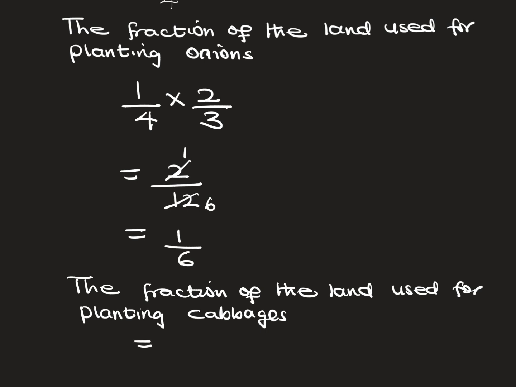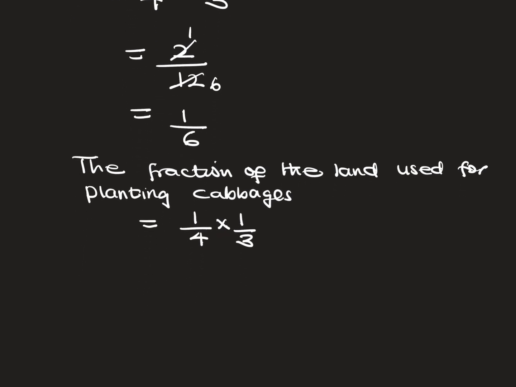That will be, the remaining land was 1 over 4, and out of which 1 over 3 was used for planting cabbages. Okay, so that will be 1 times 1 is 1, 4 times 3 is 12. So it means 1 over 12 of the entire land was used for planting cabbages.